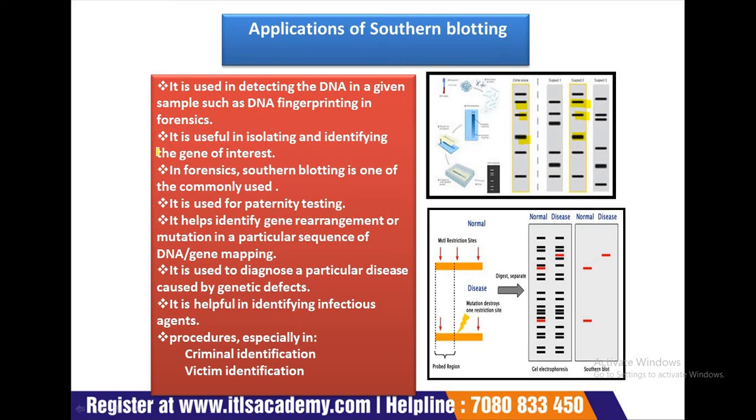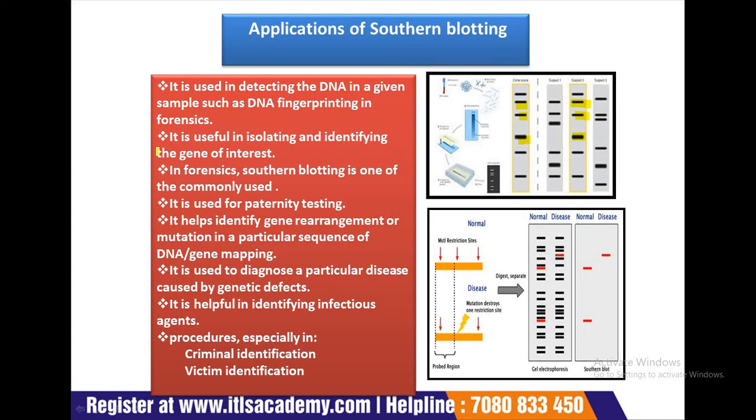Next, it is used in isolation and identification of the genome of interest. And in forensics, Southern blotting is one of the commonly used procedures, especially in criminal identification or victim identification. It is used for paternity testing.